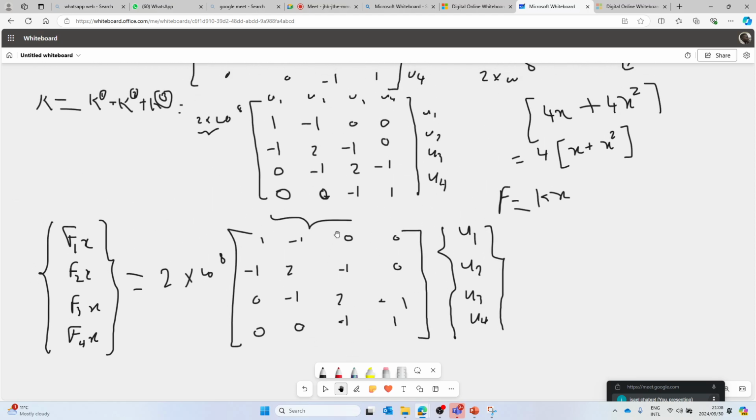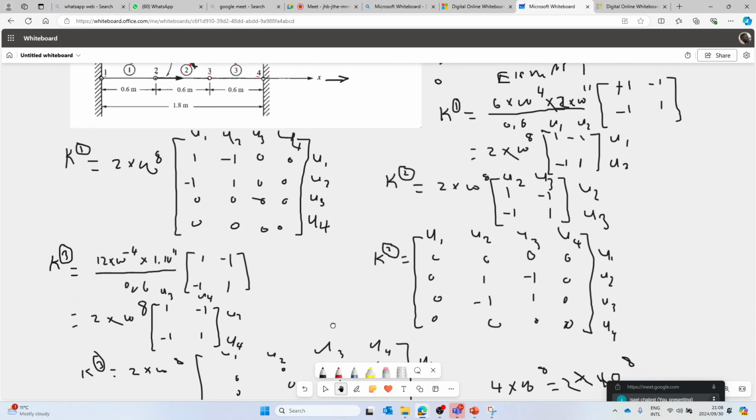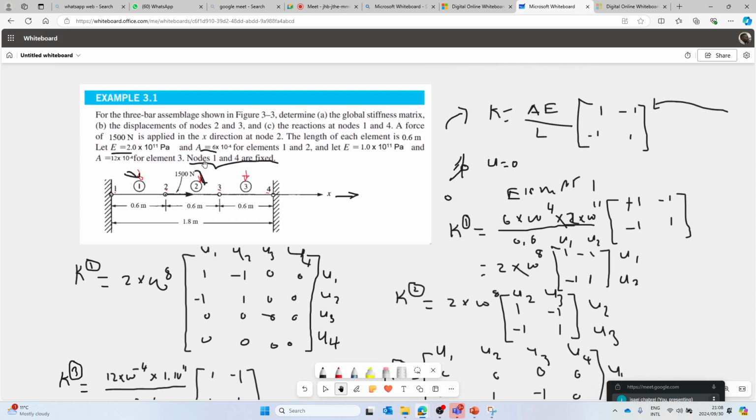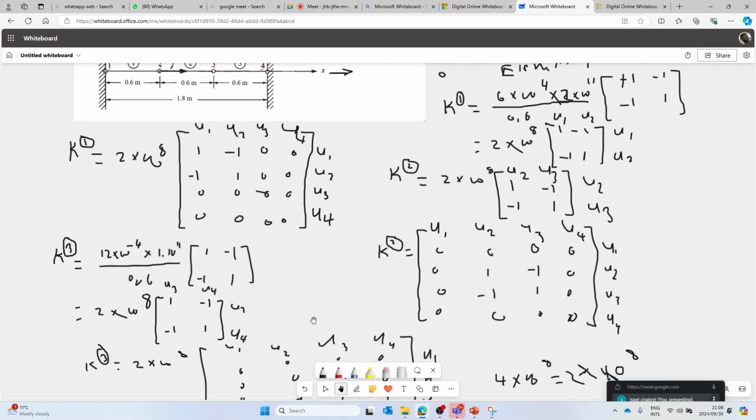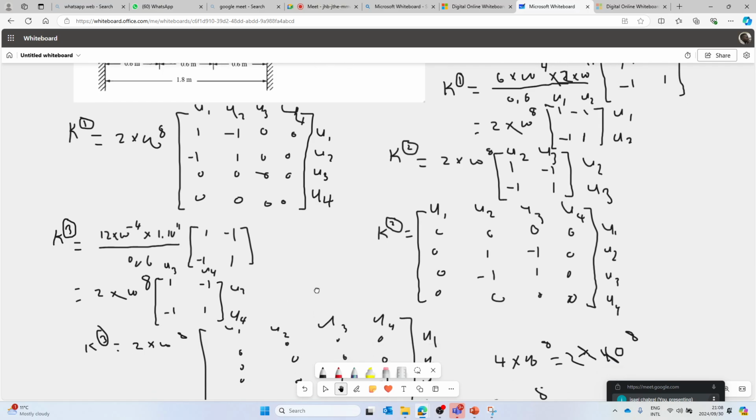Important thing, if you remember from the question, they said fixed node. I said it simply means displacements at the fixed nodes are zeros. That is the reason. Very, very important, guys. You have to note that.